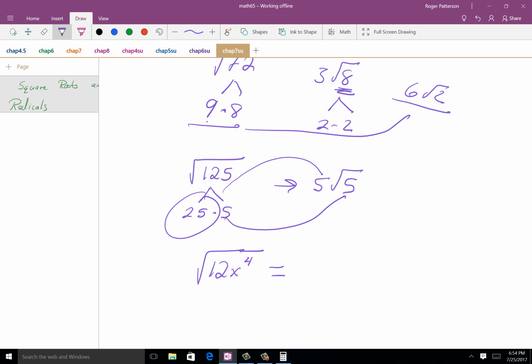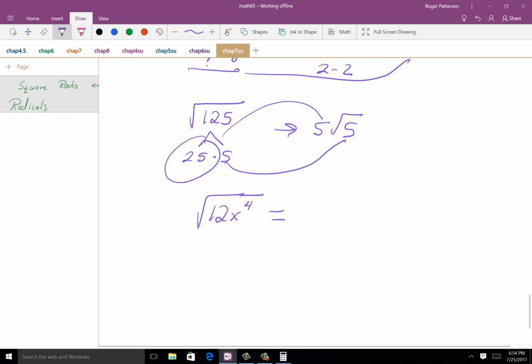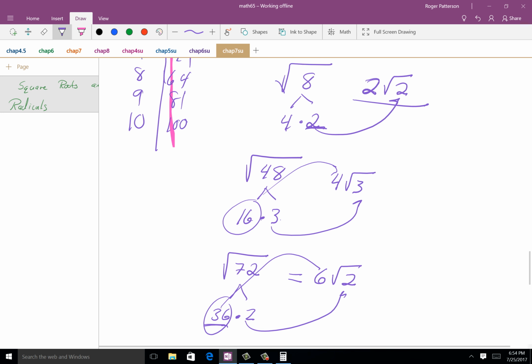Okay, so we have the square root of 12x to the 4th. Now we have a variable inside. First, we're going to deal with the number. What's the largest perfect square that goes into 12? We'll back up to that chart. What is it? Is it 6?